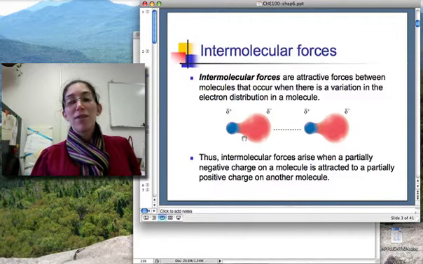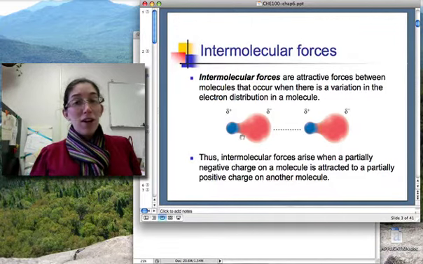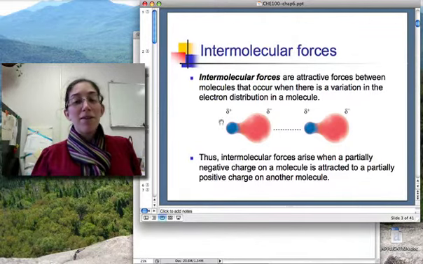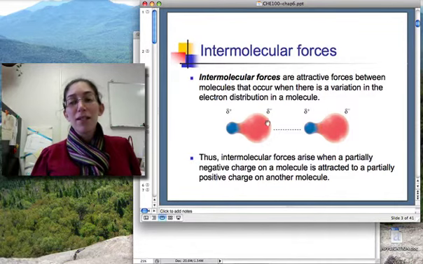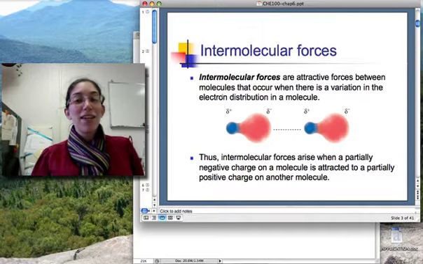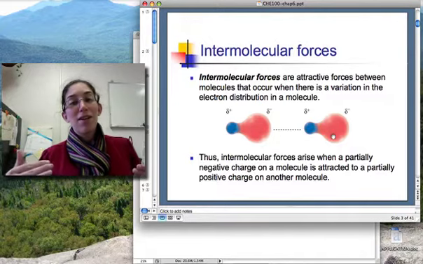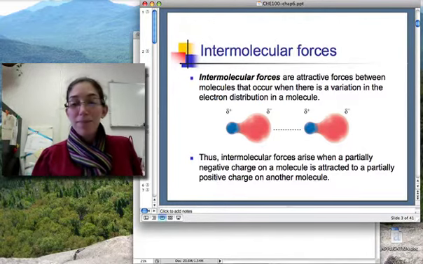Okay, but a polar molecule is one where there's an electron hog, so either oxygen, nitrogen, fluorine, or chlorine, bonded to some other non-metal, and so that electronegative oxygen hogs the electron, so you get a partially negative end and a partially positive end of the molecule. So because they have partial charges, those partial charges can be attracted to each other. So the partially negative end of molecule A can be attracted to the partially positive end of molecule B, and they essentially come close together and hold hands.